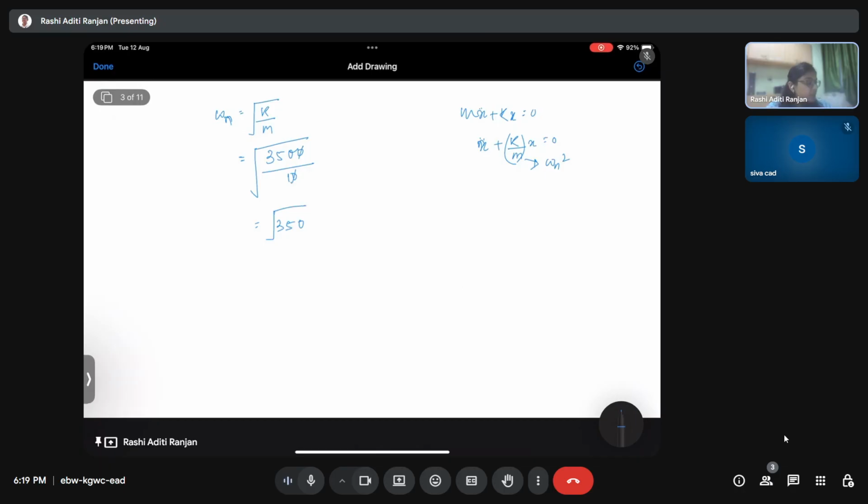Under root of 350, I've already calculated the value, 18 radians per second.